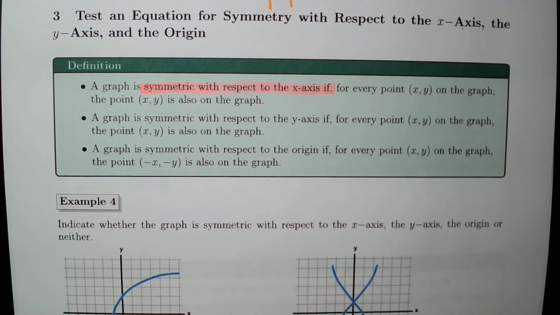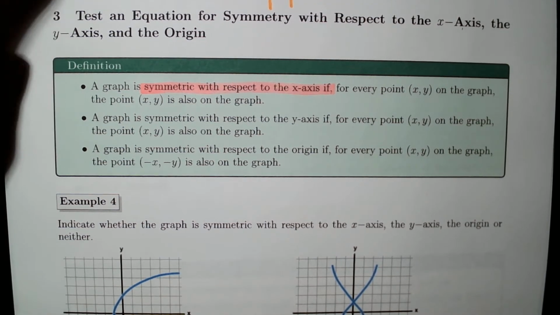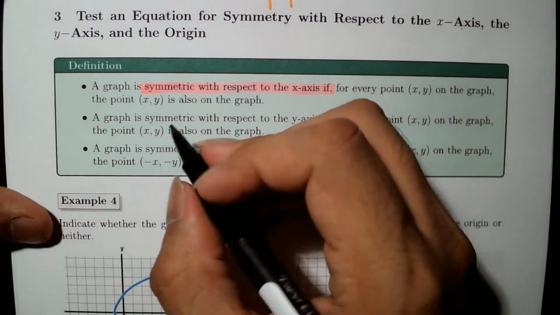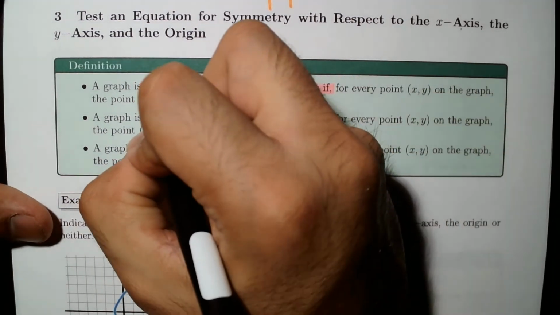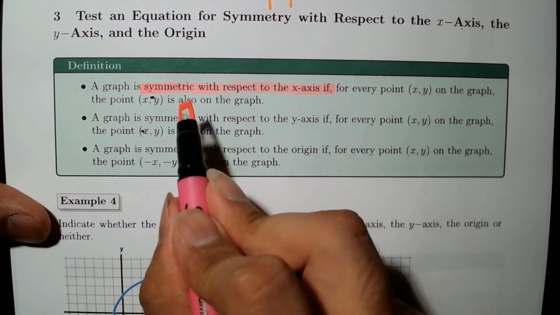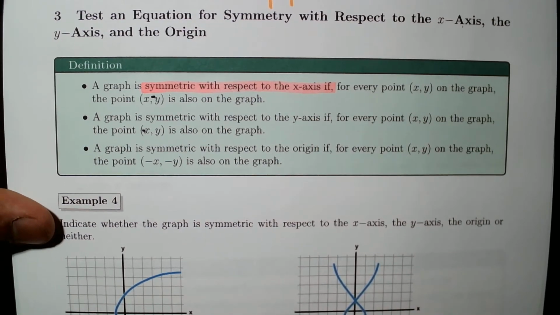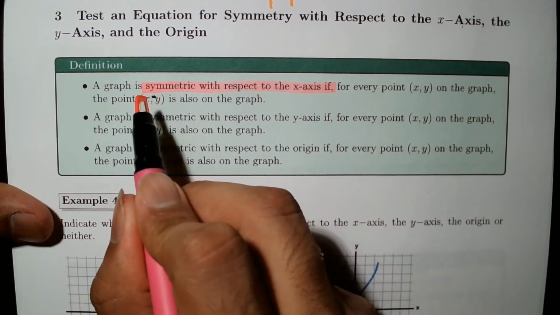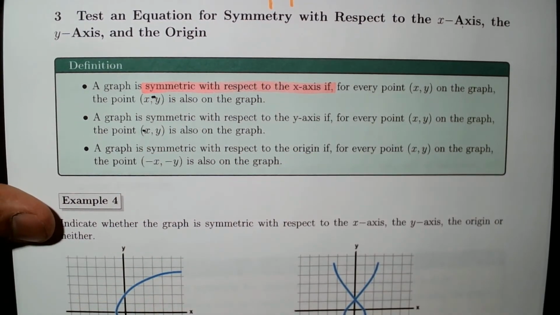So the point x comma negative y over here and negative x. Okay, so the PDF that you will be downloading is going to have this fixed. In the video here there's a little typo, not on your paper.